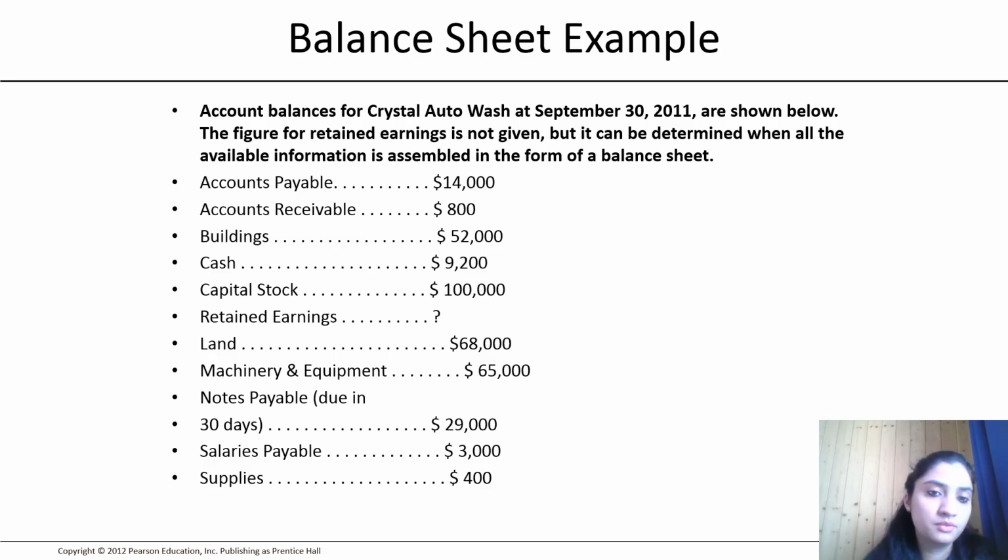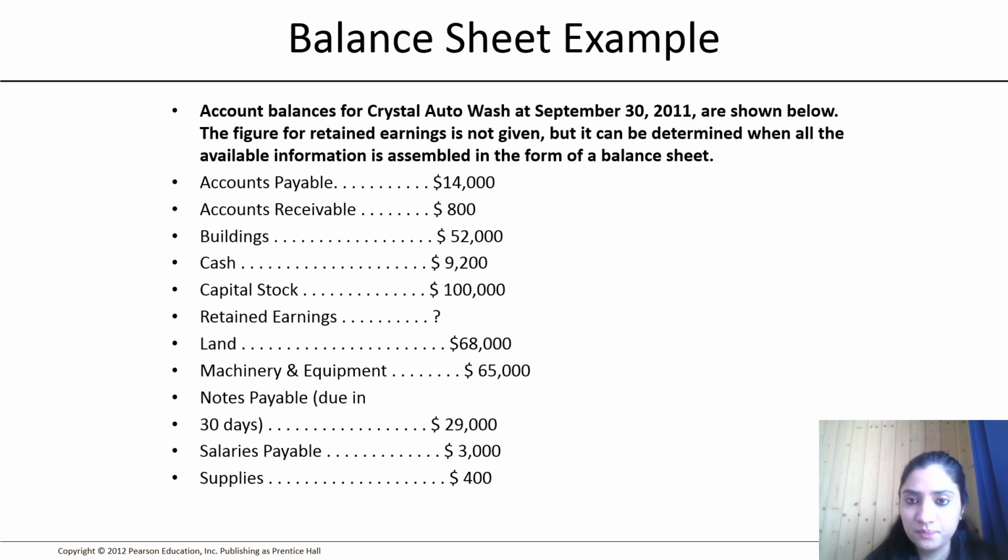So we have information about accounts payable, account receivable, buildings, cash, capital stock. We have to find retained earnings. We have land, machinery, notes payable, salary payable, and supplies. So what is accounts payable? That is something we have to pay. That is a liability.